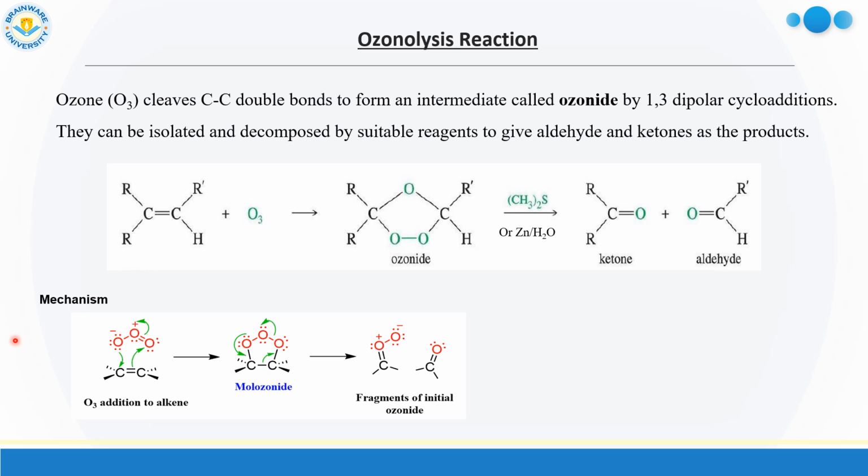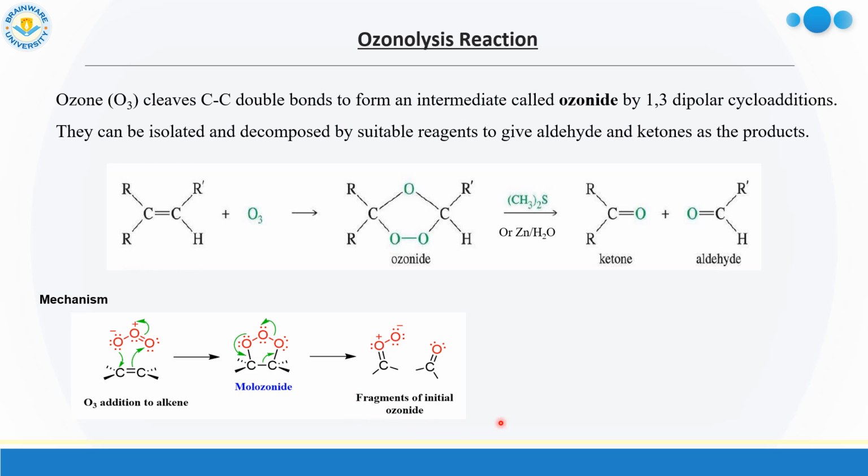So what is the mechanism? There is a zwitterion formed, with positive and negative charge in O3. That attacks and a cyclic product is formed, the molozonide.